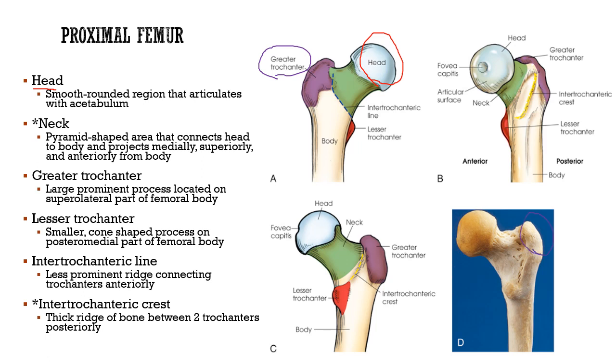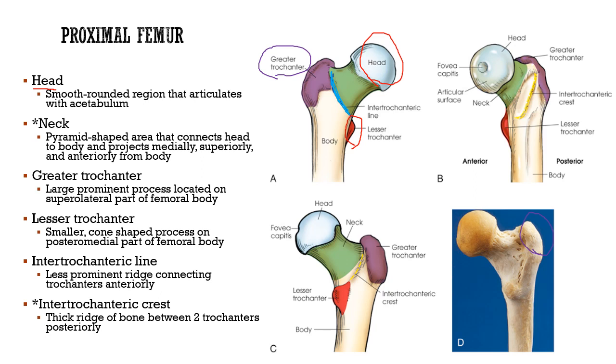The lesser trochanter is the part that's in red, and it is on the medial surface. It's a cone-shaped process on the posterior medial part of the femoral body. The intertrochanteric line is a line that's on the anterior surface of the proximal femur, here it is right here.